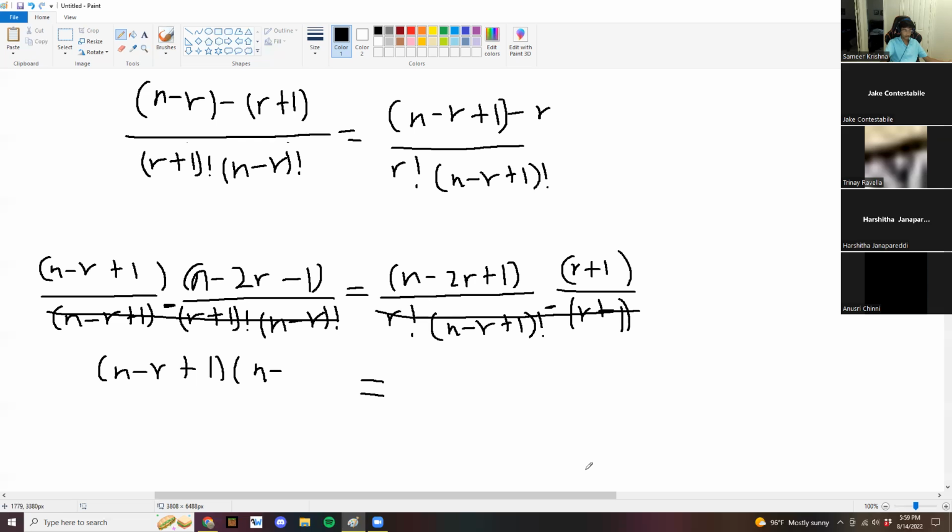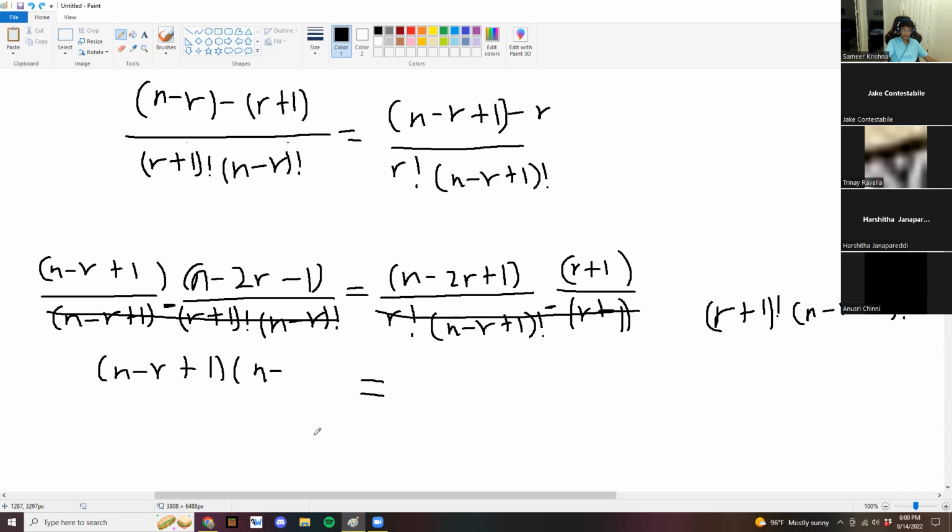I don't know what that number is because I'm not going to do the math for it, but it should look something like (r plus 1) factorial times (n minus r plus 1) factorial. That's your denominator if you really want to see it.